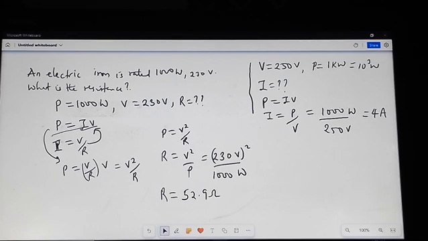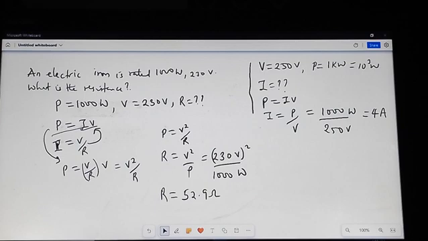So coming across questions of this form can be easily answered with either of the equations. There's not much to handle here because most of the questions are very similar.